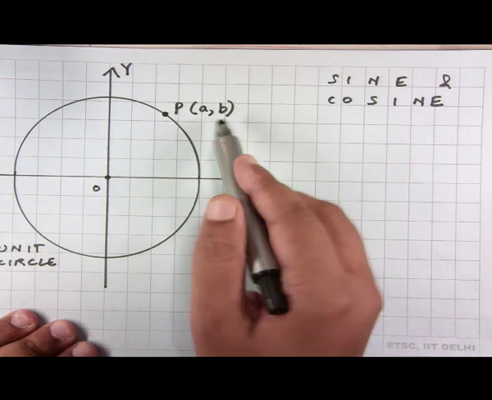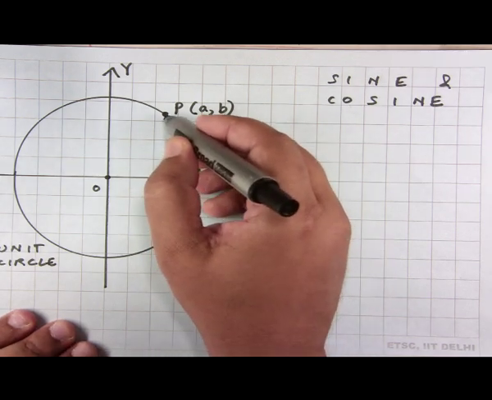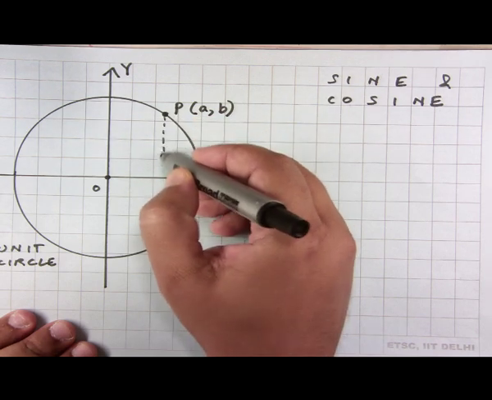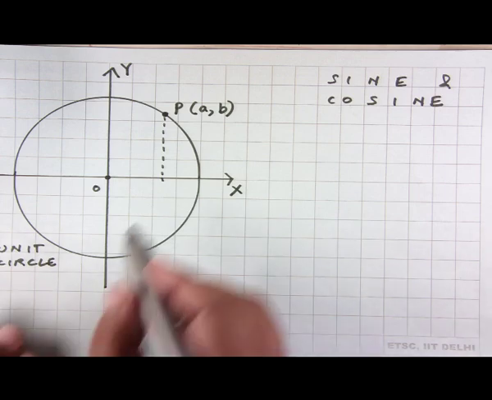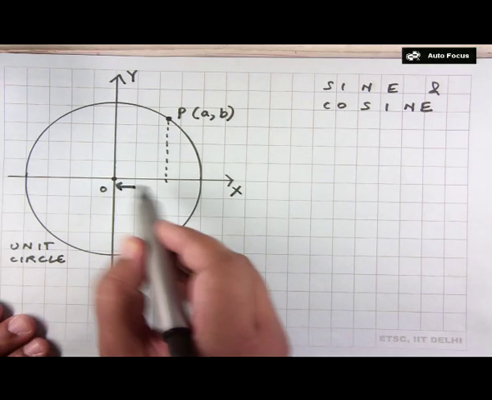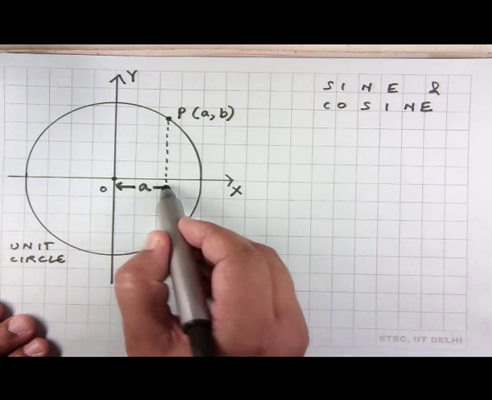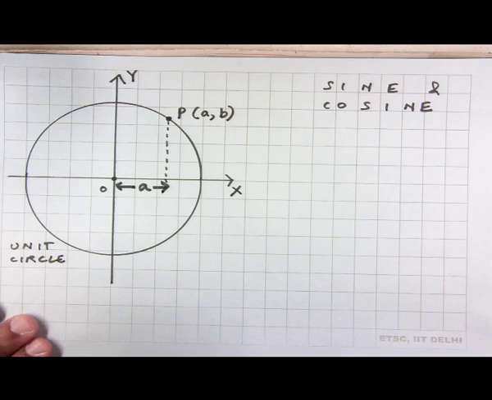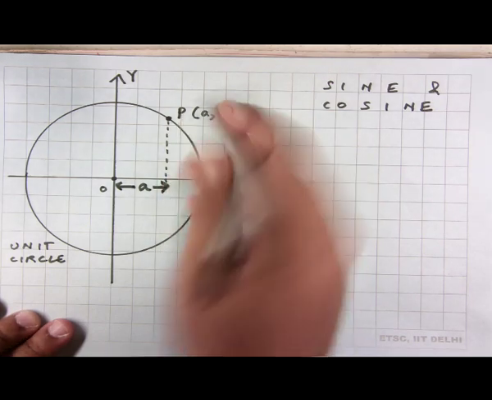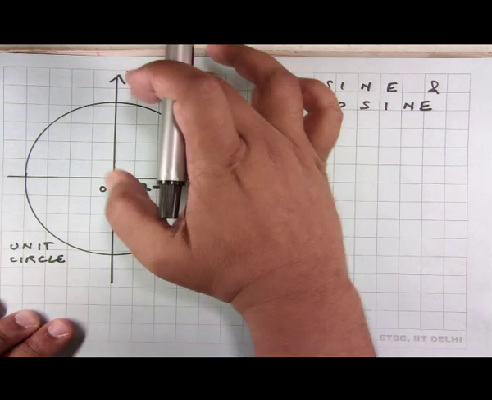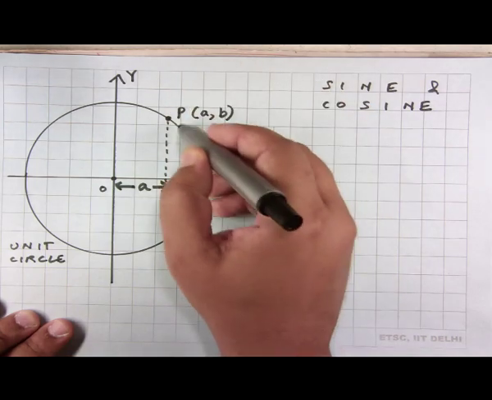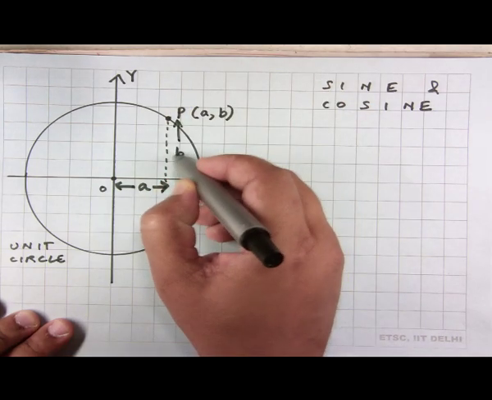What this means is that if you project this point onto the x axis, then this length is equal to a units, and this length is the projection of this point onto the y axis, and of course, that will be equal to b units.